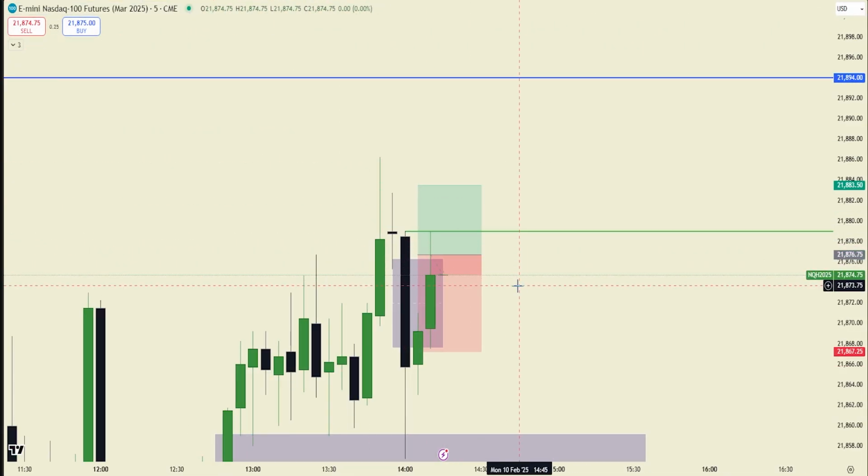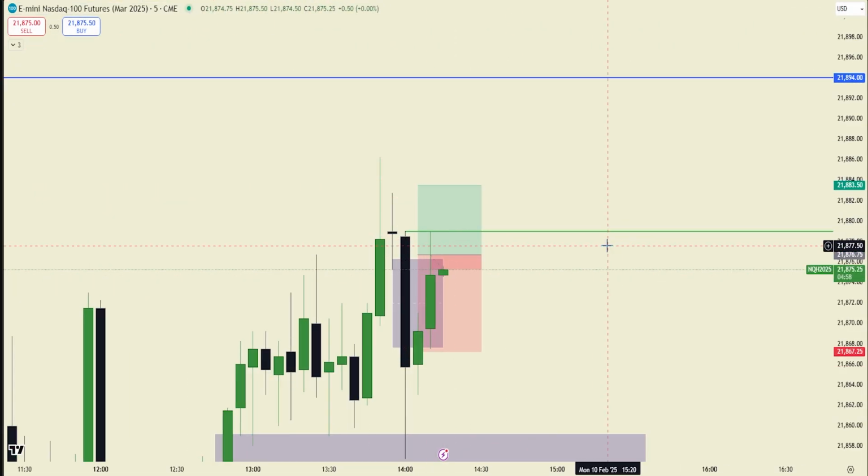Let's see. So no 5-minute inverse there, but I don't think it's going to matter. We should see price move up here, at least back to those equal highs.